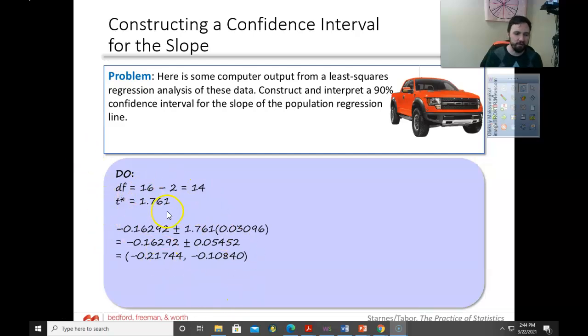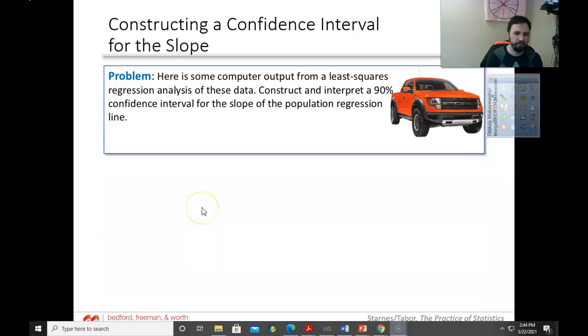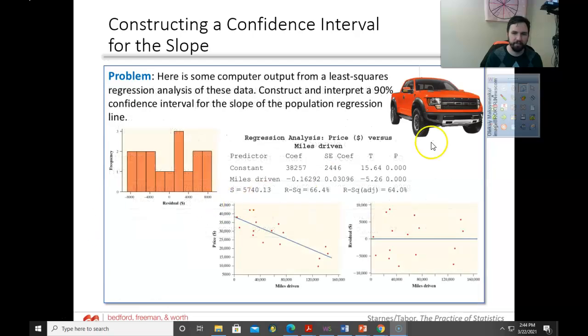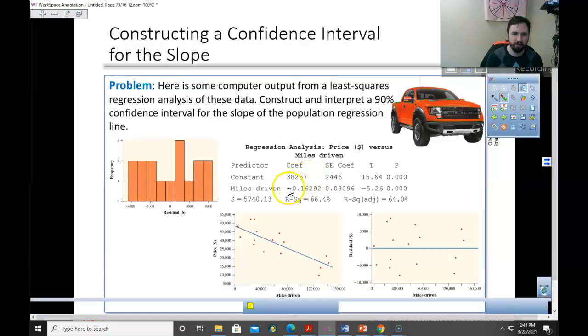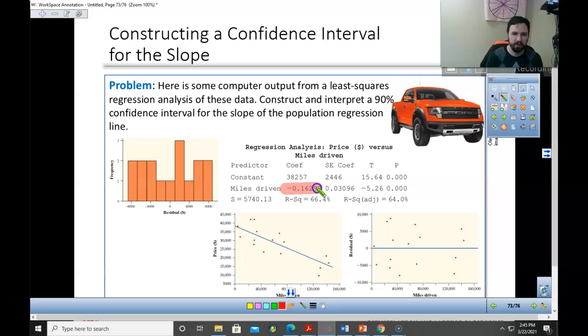So we take our slope. We're doing our computer readout now. We're going to take our slope, which is the coefficient of miles driven, then plus or minus our t times our standard error.